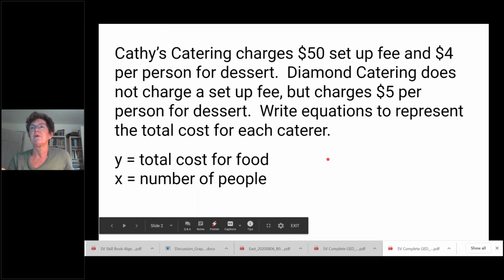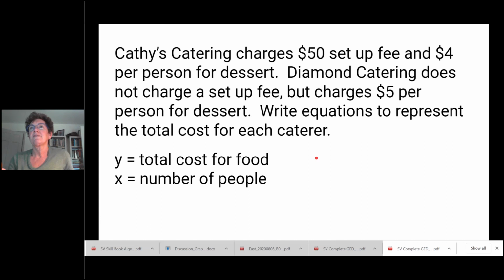So how do we write these equations? For Kathy's Catering, we said if we're using the slope-intercept form, our total costs are equal to our starting point of $50, and then we're going to add our slope times the number of people, our rate of change, $4 times the number of people.